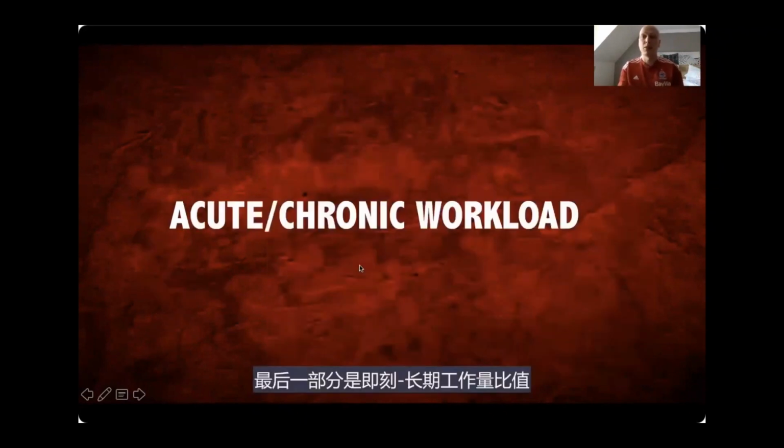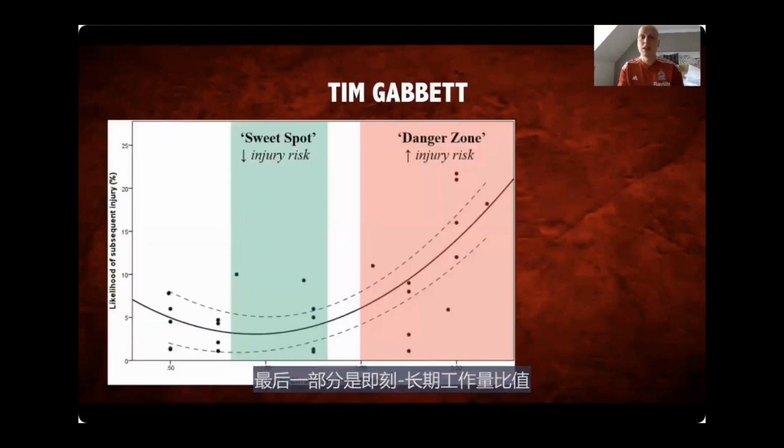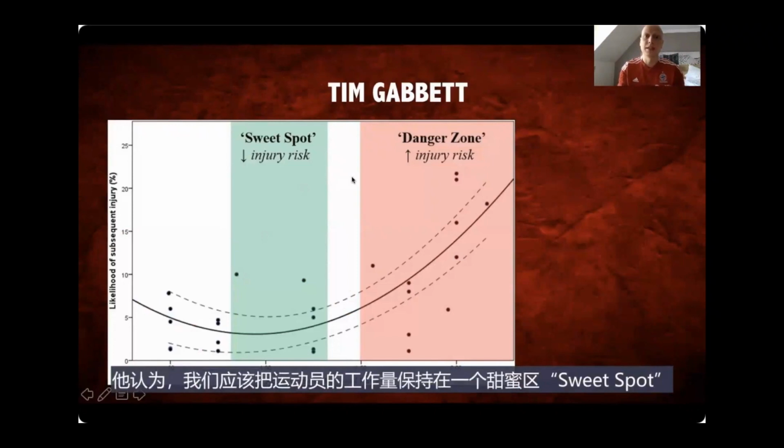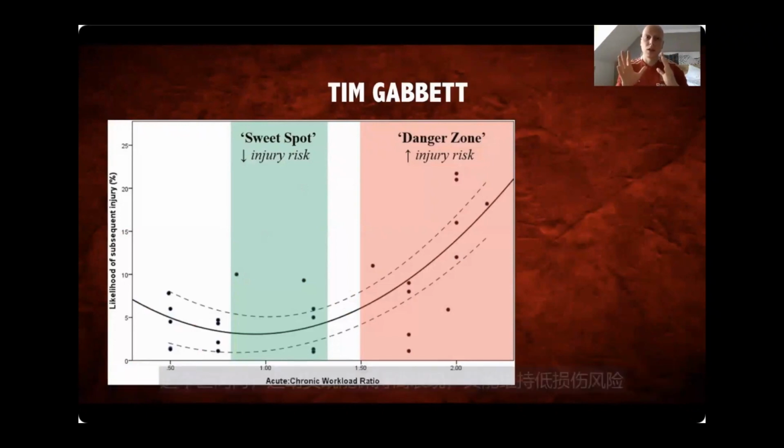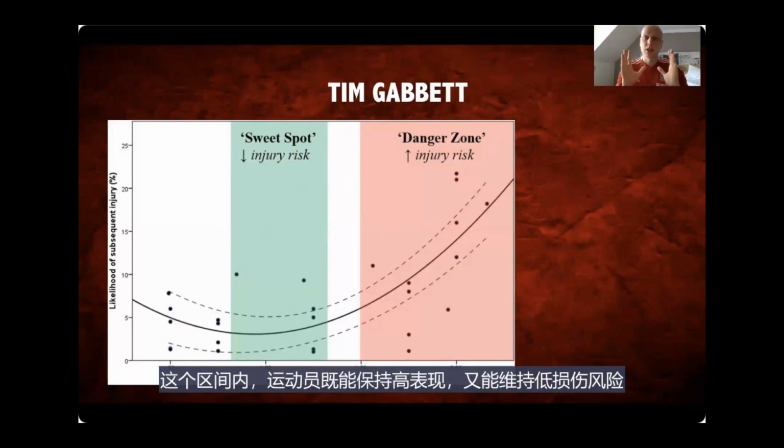And finally, something that I wanted to mention is the acute chronic workload ratio, something that was brought to us by an expert, Tim Gabbett from Australia, if I'm not mistaken. He says that we always want to keep players from week to week in the so-called sweet spot zone, where a player has a chance to perform physically at a high level and at the same time have lower injury risk.